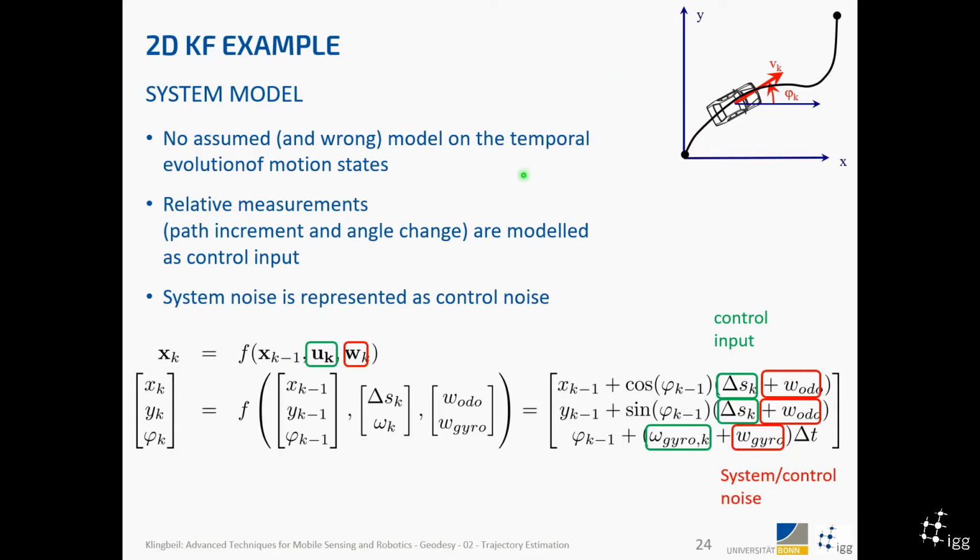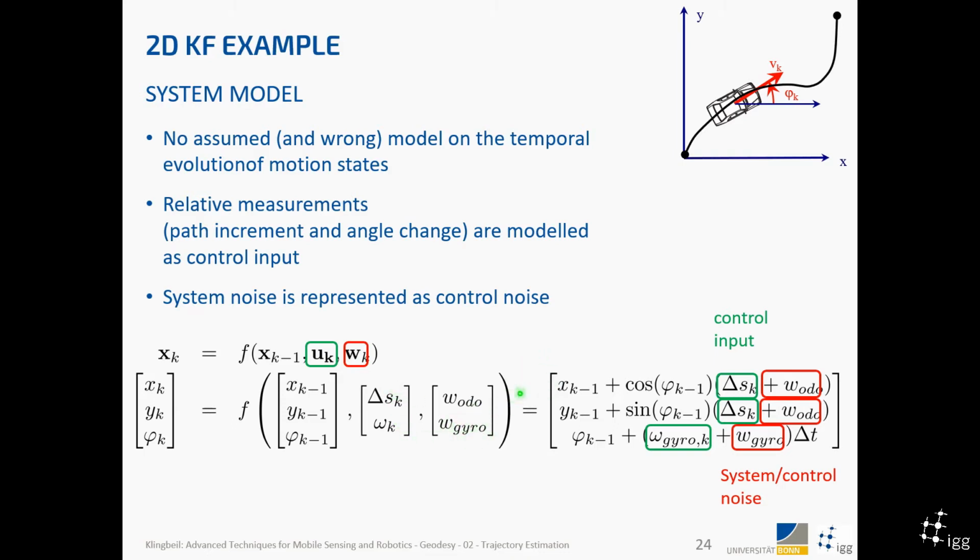Coming back to that specific example that we discussed, as a control input, we use the angular rate measurement, and here we used a delta S, which is a path increment that we get, for example, from an odometer. And then here, these are noise values. It's the uncertainty of the path increment, and it's the uncertainty of that gyro measurement.